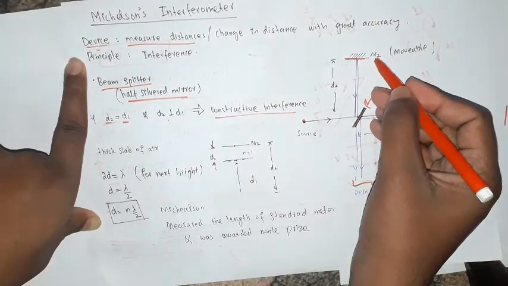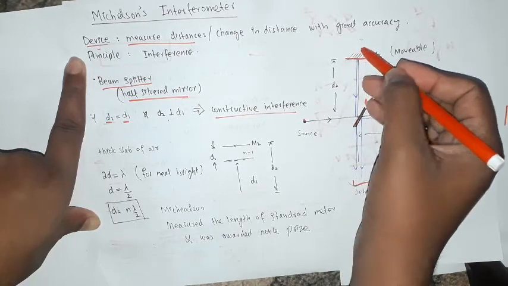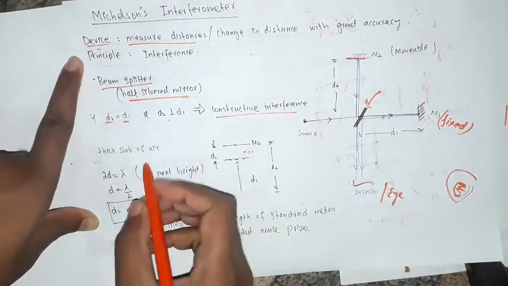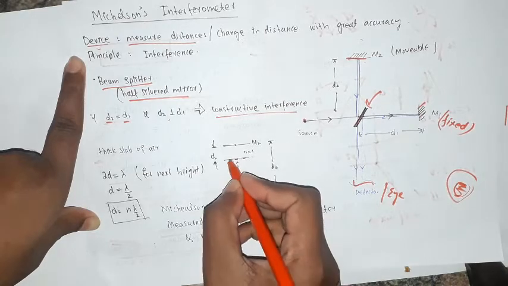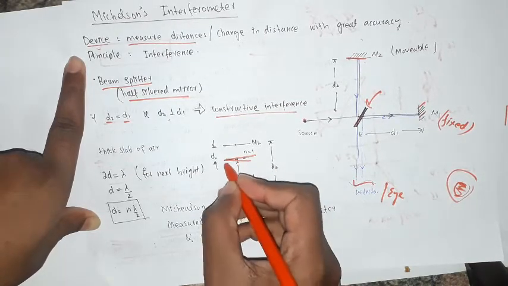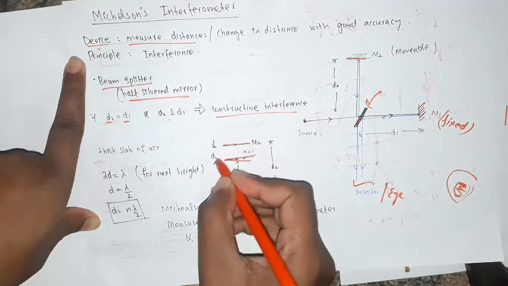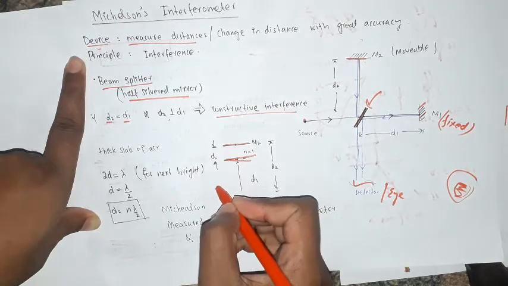Now this mirror M2 is slightly moved away from here, so D2 increases. Let's say first it was here and this distance was D2, and now it is moved here. So now this is our D2.